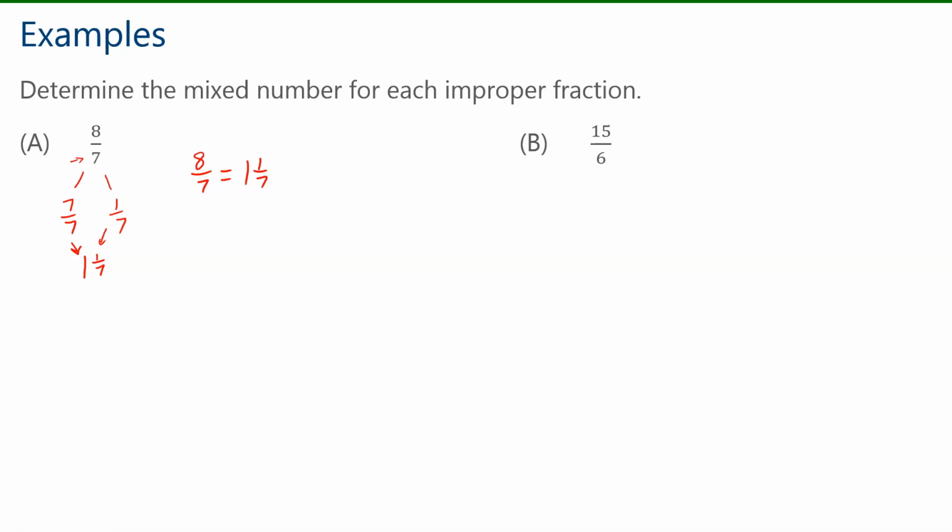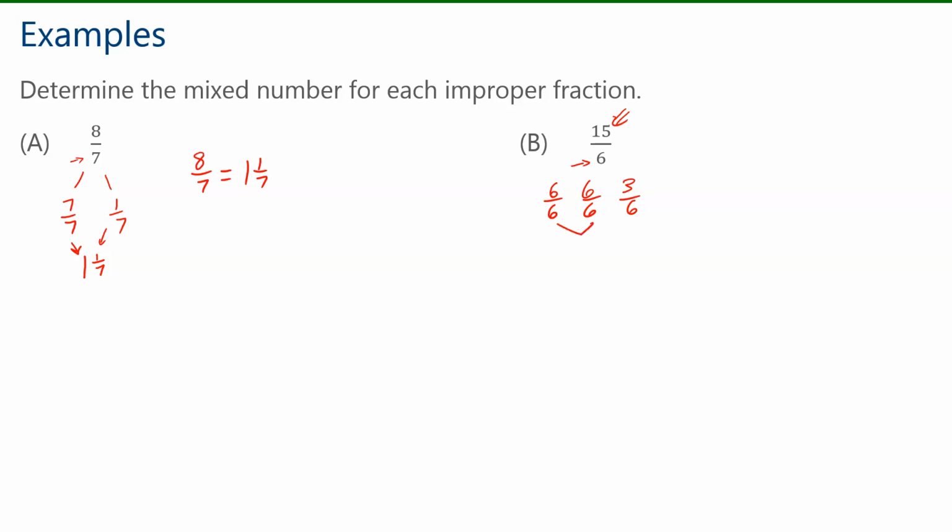In B, I look at my denominator, it's a 6. So what will make up a whole there? Well, 6 out of 6 will make up a whole. So I have 15 pieces that I can play around with. So 6 out of 6, well, I can get another 6 out of 6, and that'll bump me up to 12 out of 6. And that means I have another 3/6 left over.